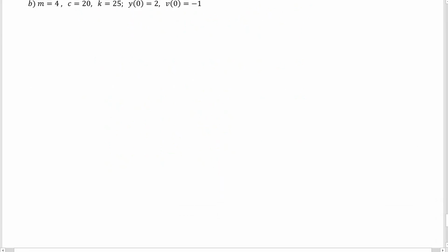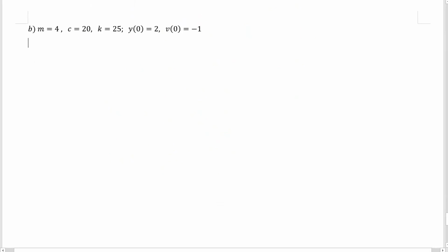Okay, so next we have m equals 4 and c equals 20, k equals 25, and y of 0 is 2, v of 0 is minus 1. Okay, so what is our formula? My prime prime plus cy prime plus ky equal to 0.